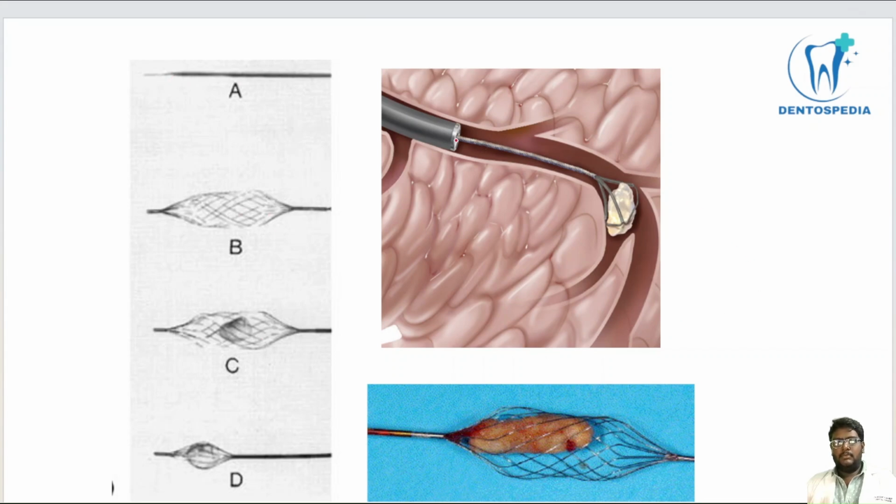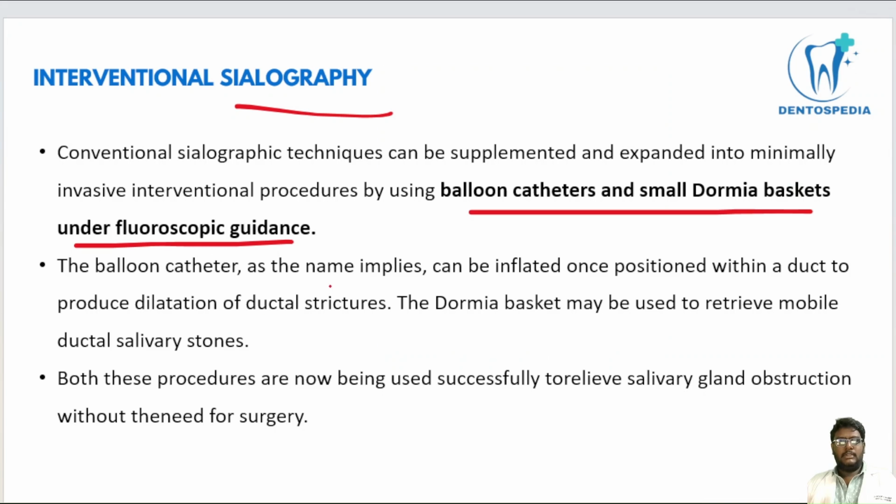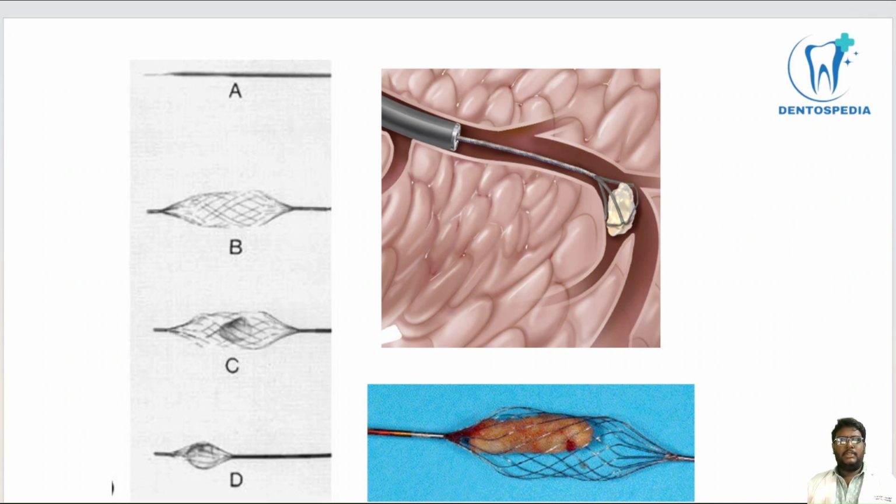So when we insert the catheter, we can capture the stone and then remove the stone from the duct. This is called interventional sialography and it is all done under fluoroscopic guidance. So that's an important investigation, right? Based on the clinical situation, we have to select the appropriate investigation.